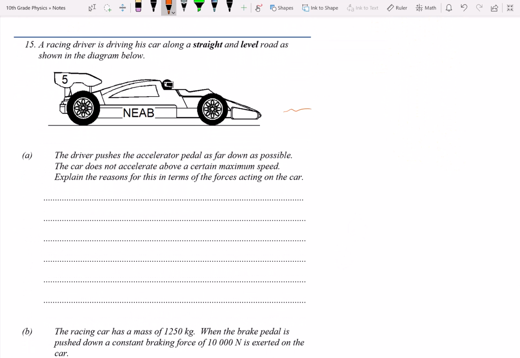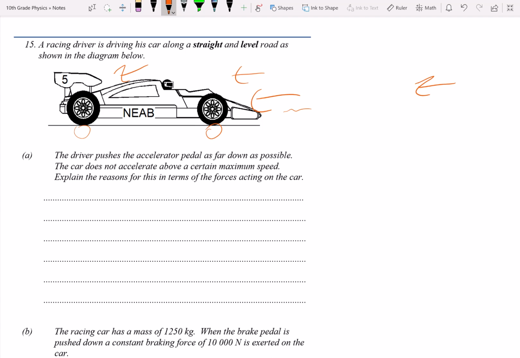But some other things also increase. The wind resistance, right? The wind is pushing on the car, and that frictional force of the air resistance will slow the car down. And there will be a time at which that frictional force caused by the wind and the tires too will be as great as the force that the acceleration of the engine can produce.